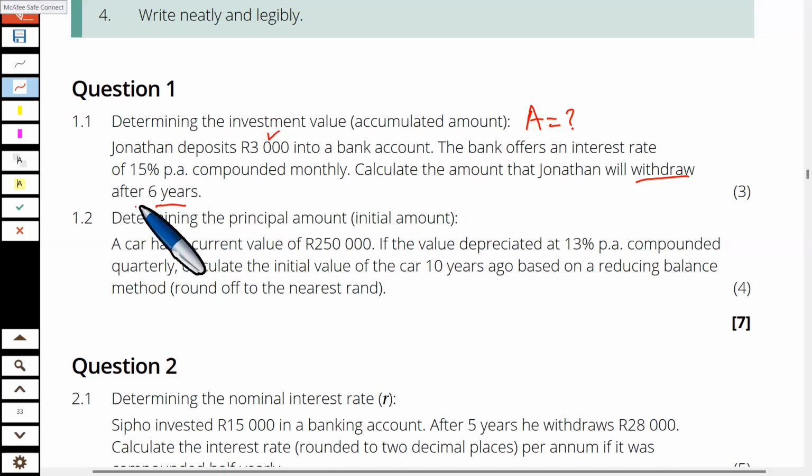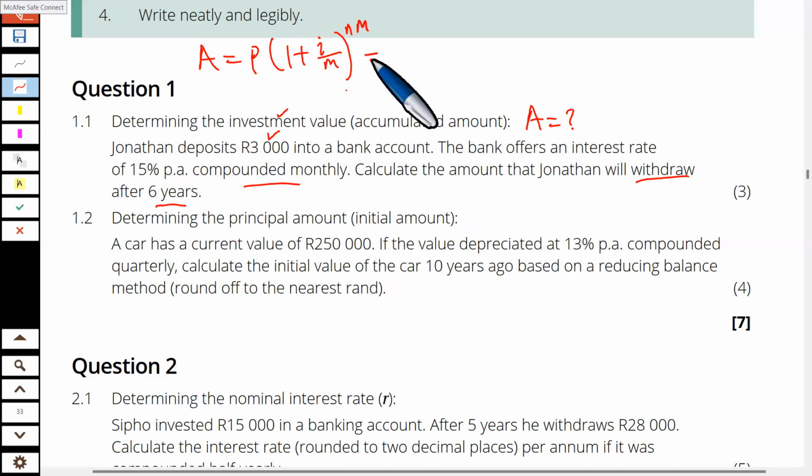The bank offers an interest rate of 15% per annum compounded monthly. Calculate the amount that Jonathan will withdraw after 6 years. Jonathan can only withdraw money that is available. Because it is an investment, we use the formula with a plus. Because it's compounded monthly, we use the nominal interest rate, so we divide by M, raise to the power N, where N is multiplied by M.